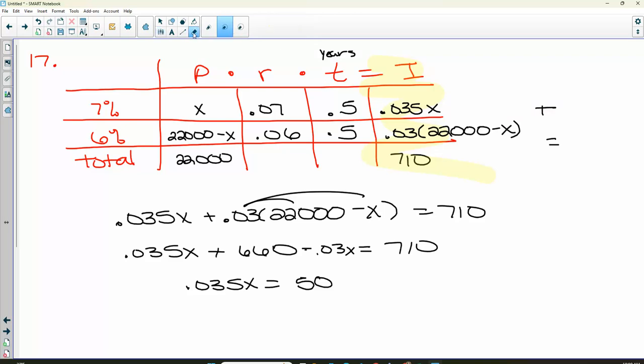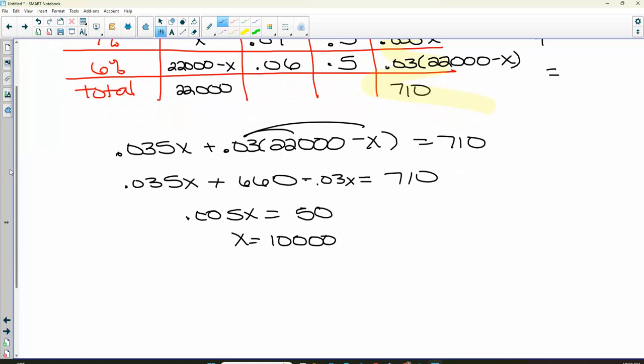I keep making mistakes. Divide by 0.005. If you had your X as the other one, you would have gotten 12,000.